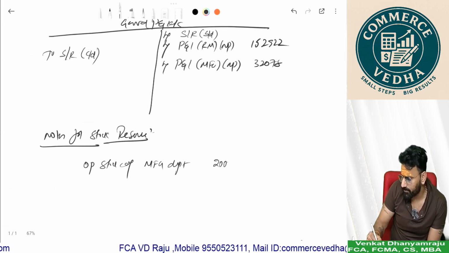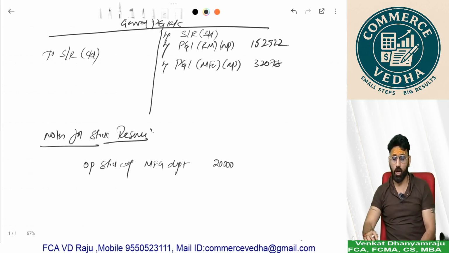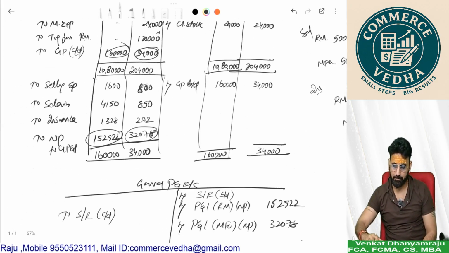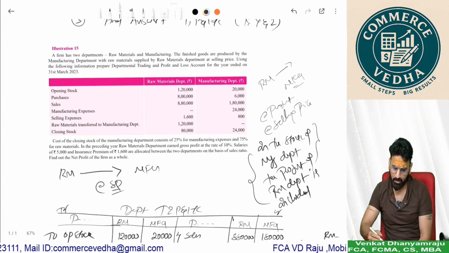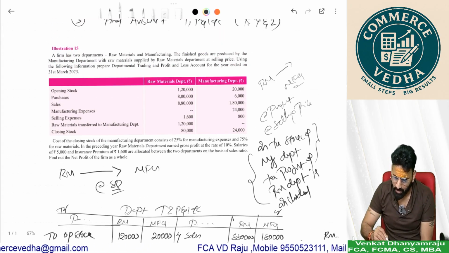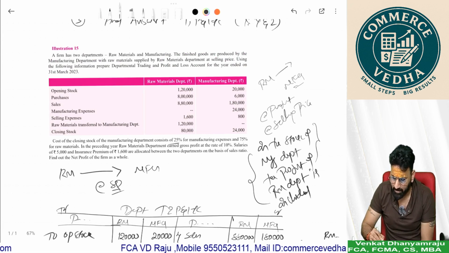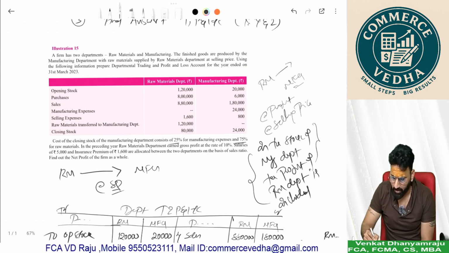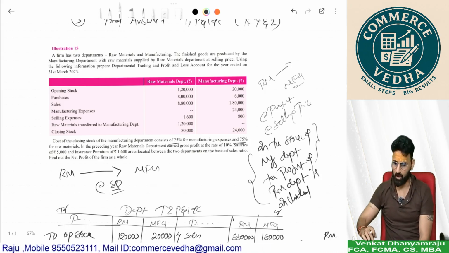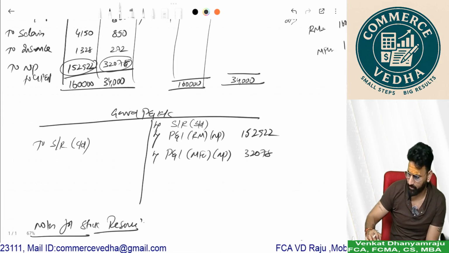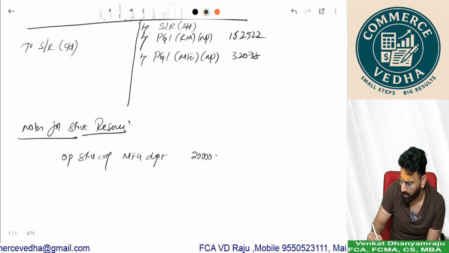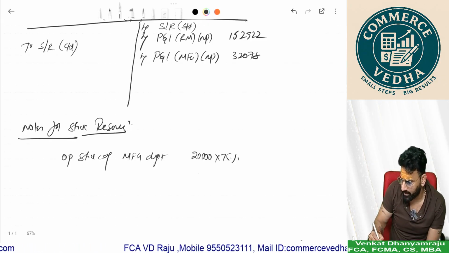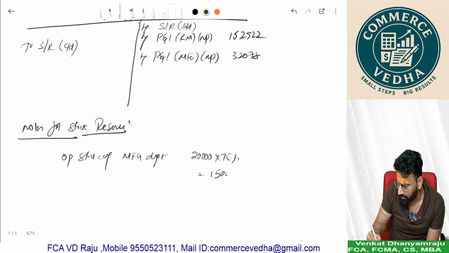It says in the question, the manufacturing department stock consists of 25% manufacturing expense and 75% from the raw material. So only 75% of the stock is received from the raw material, so it is 15,000.